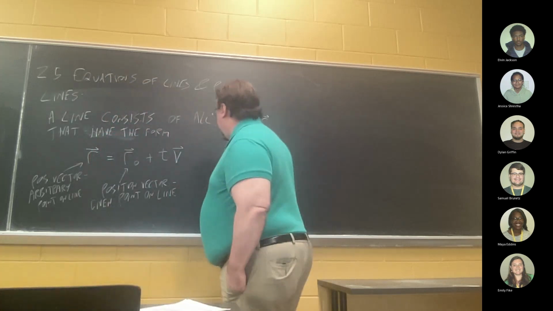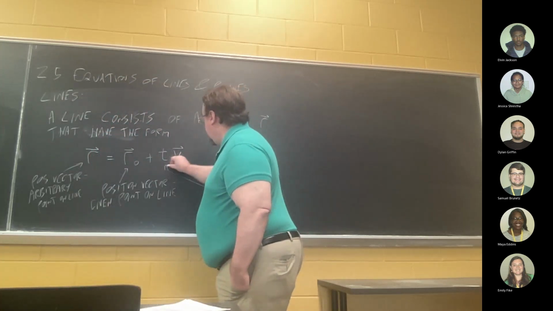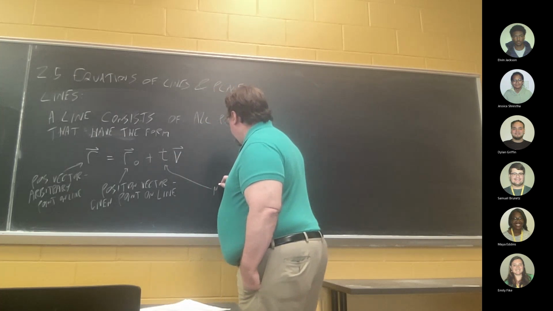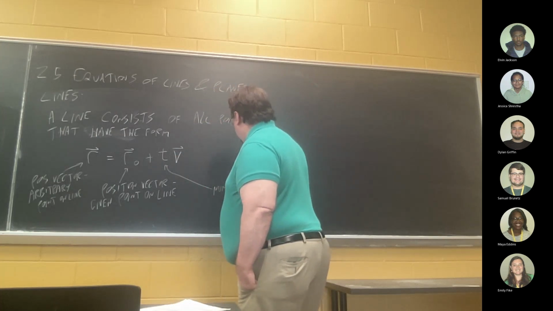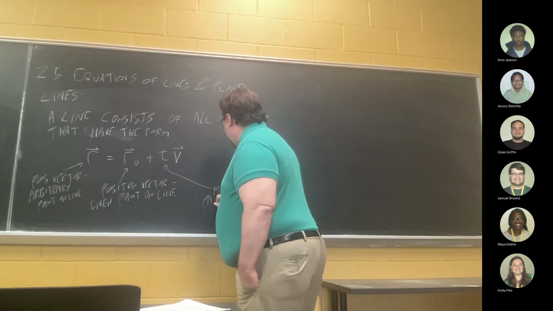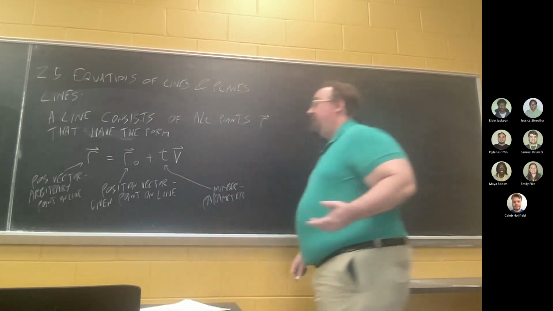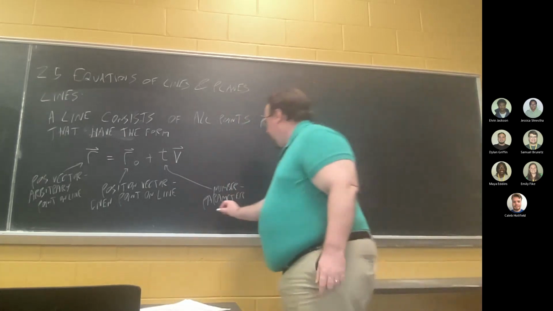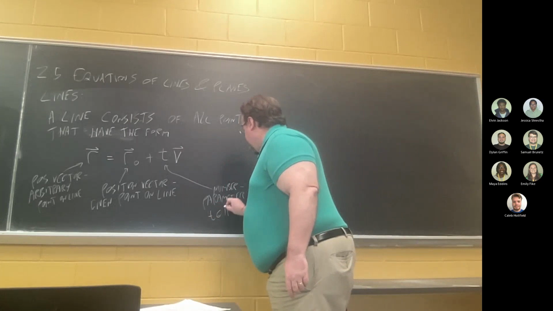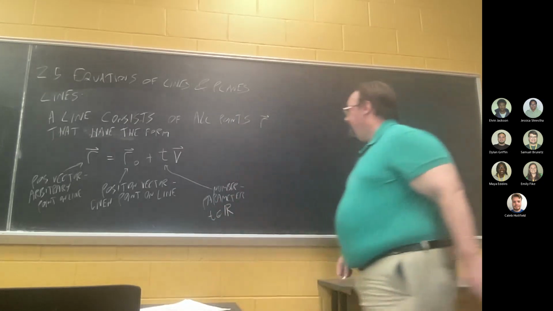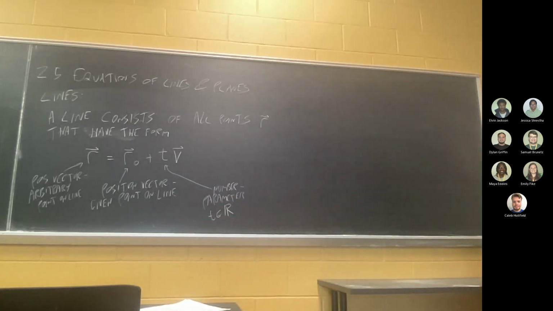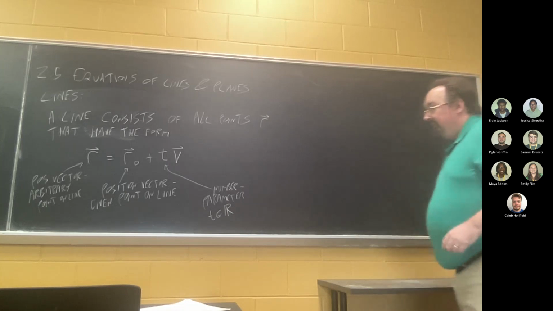Now, t is just a number that's referred to as the parameter, and it can be any real number whatsoever: positive, negative, 0, anything. The line consists of infinitely many points, and how we get infinitely many is by allowing t to be anything.